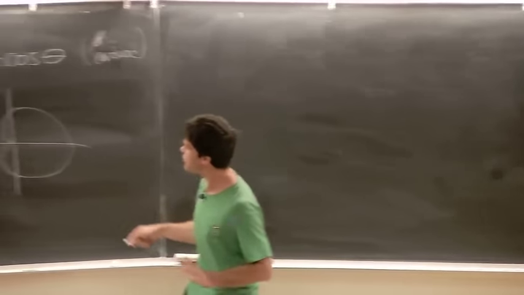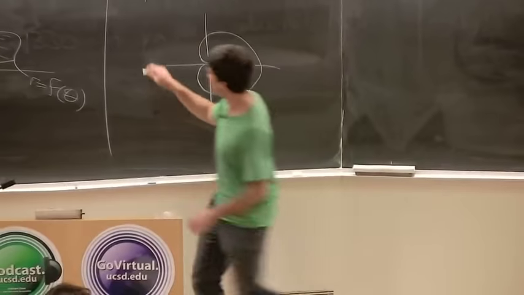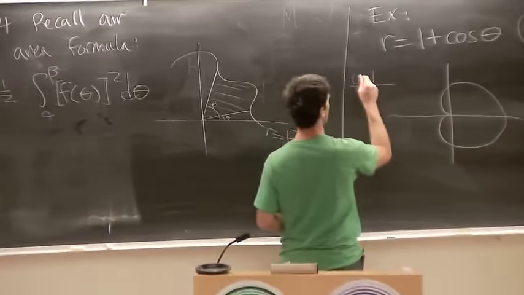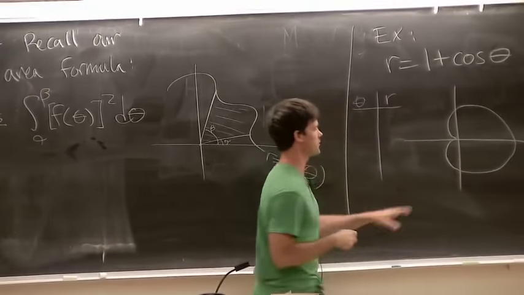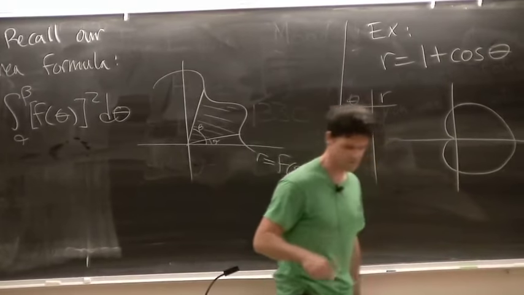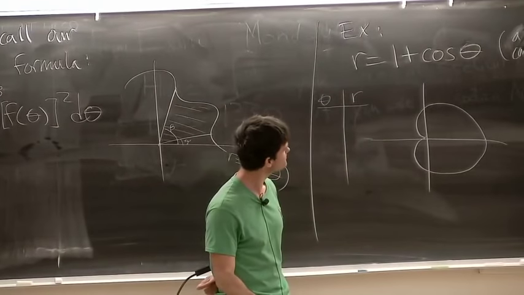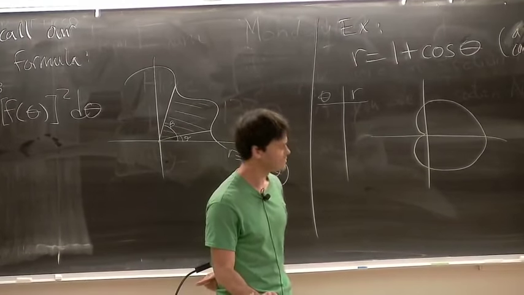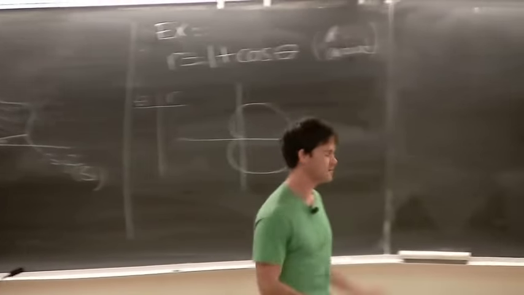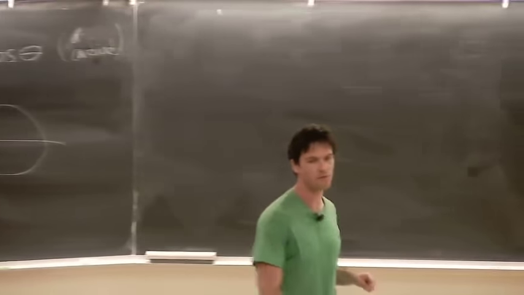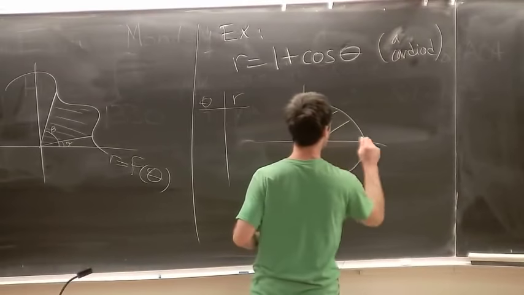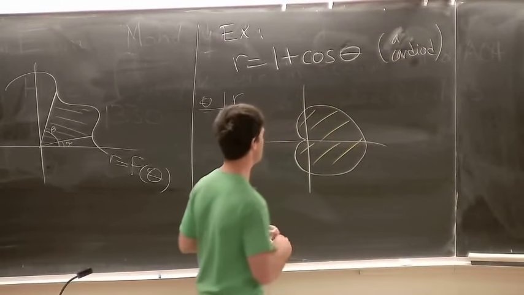We plotted some points. I made a table of values, if you recall, of r and theta in order to figure out what this looked like. Now we can find its area. So let's practice using our new formula and see what this area right here is.